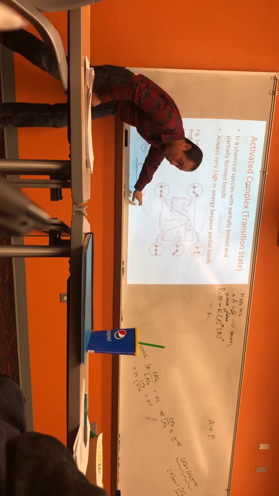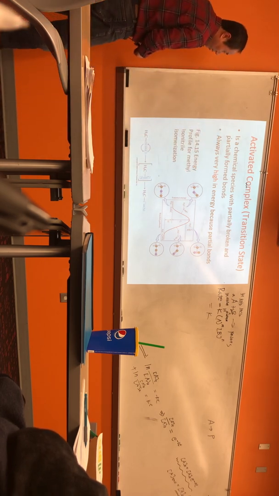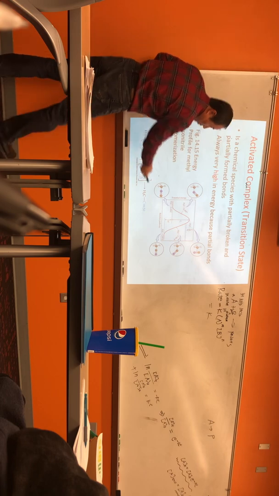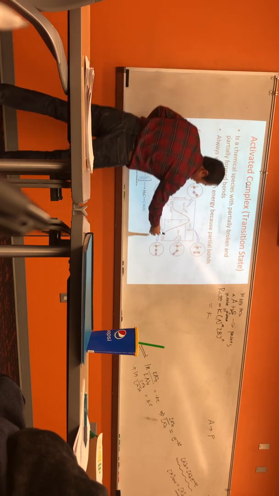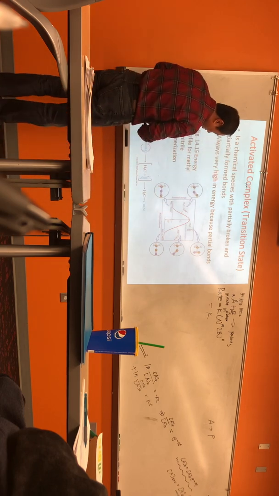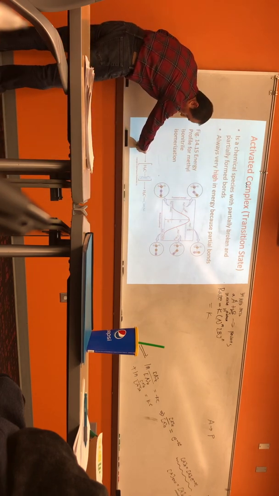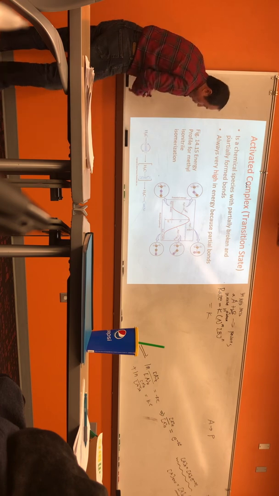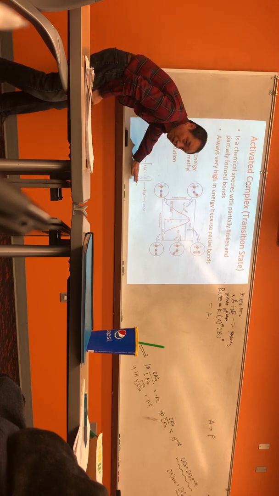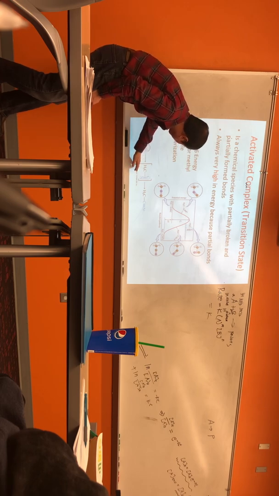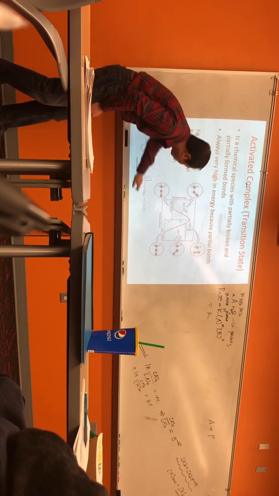That's my product. Then this guy belongs on the left side of the potential energy curve. This is the right side of the curve. When the reaction happens, this guy should rotate. So when this guy rotates, this is a transition state, which means it's neither reactant nor product.